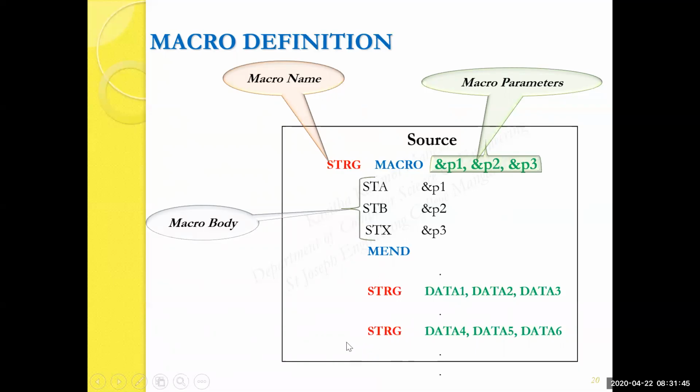Likewise, if you call the same macro strg using arguments data4, data5, data6, then P1 would be replaced with data4, P2 with data5 and P3 with data6. So please note the macro parameters should be listed immediately following the directive macro, in the operand field for the instruction.